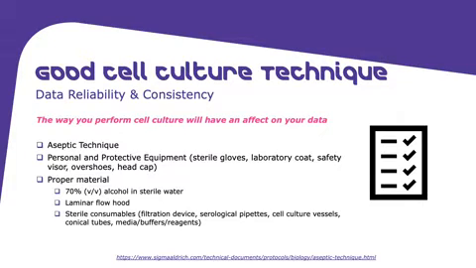That includes not only the laminar hood, but also that you wear sterile gloves, laboratory coats, and all the other needed equipment. Also, everything you grow the cells in, whether it's pipettes or cell culture vessels, needs to be sterilized and protected from any kind of infection and contamination.